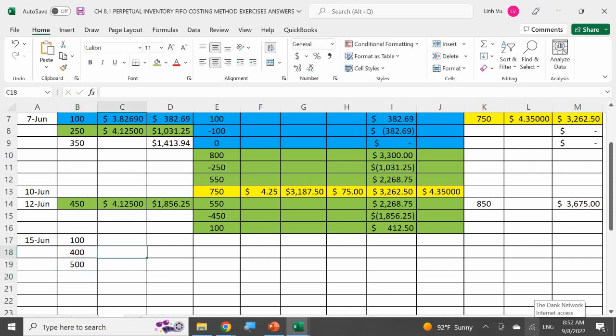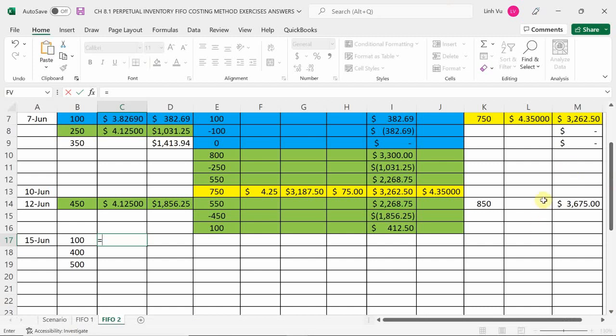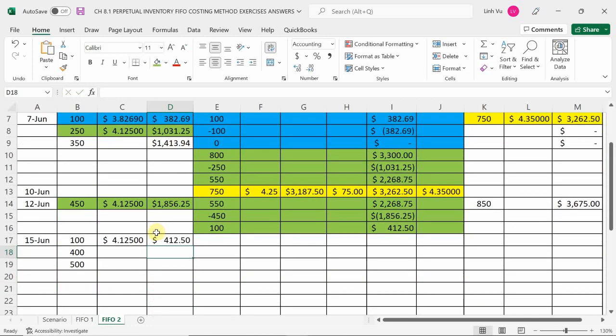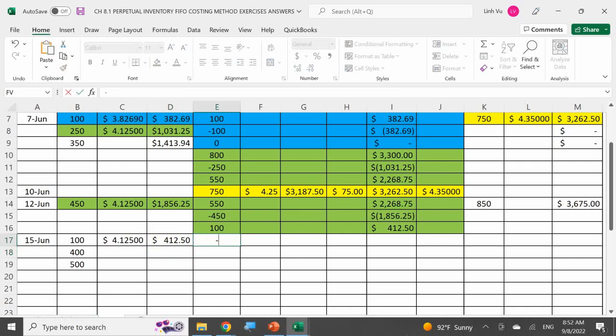You use the 100 that we have left remaining. So in this case, we already identified that I only have 100 units left at 4.125. And we already know that this is going to give me $412.50. And this one, I can write that off right away.